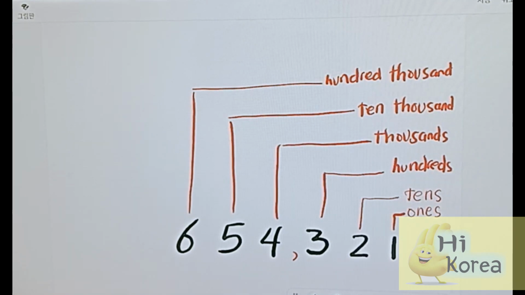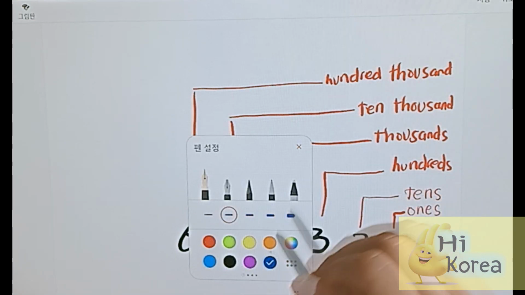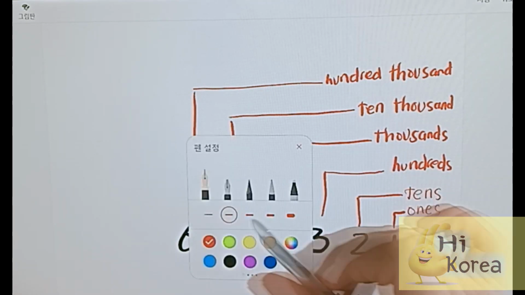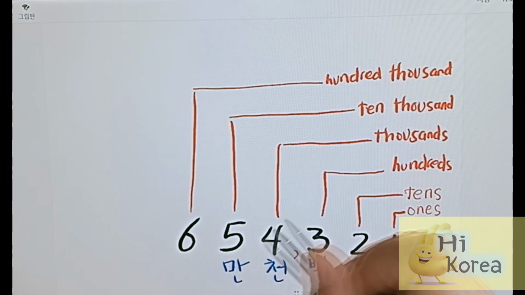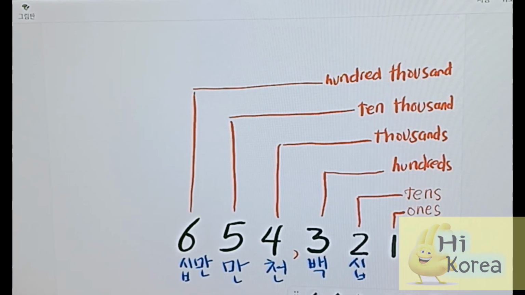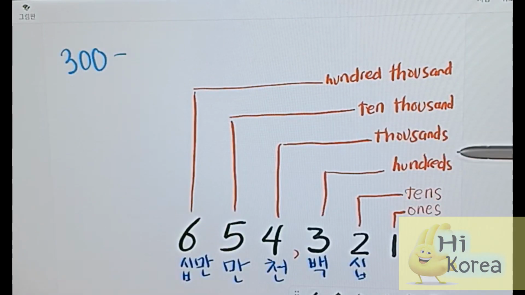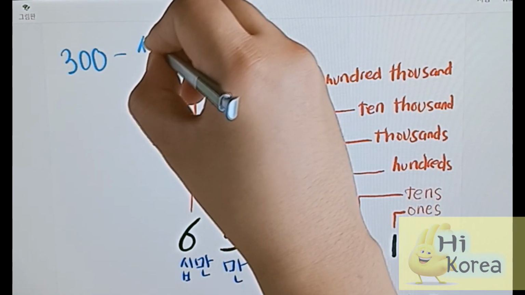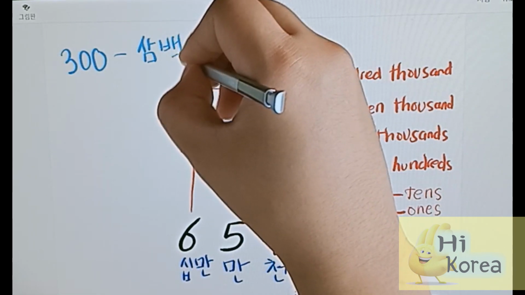But in Korean, they start counting from tens. 10, 100, 1000, 만, 10만. Okay, for example, we have 300. So the hundreds is back and the 3 is some. So this is some back.